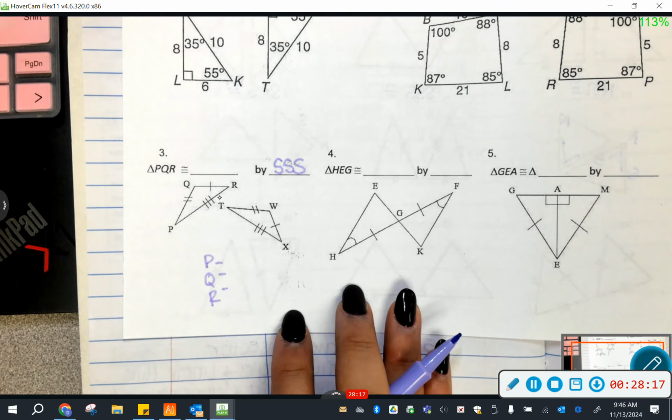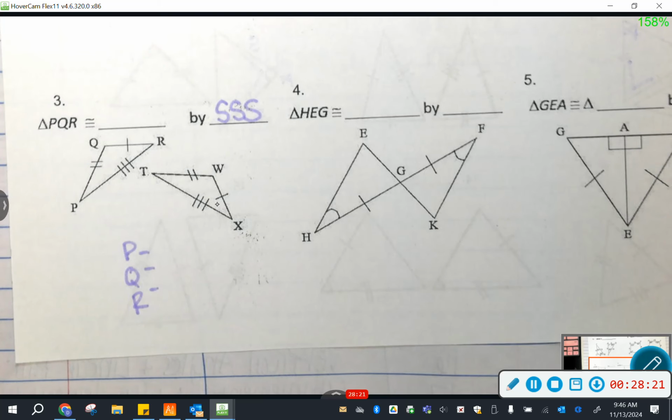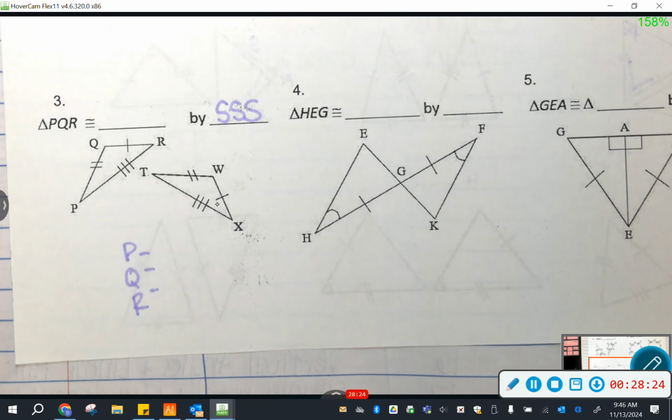So that's how you do the back. When you're done, you're turning it in, and I'm going to grade it in front of you to make sure that you get 100. If you don't, I will give it back so that you can fix it. All right? You can work together, work by yourself. Y'all have about 15 minutes to do these 15 problems. Go.